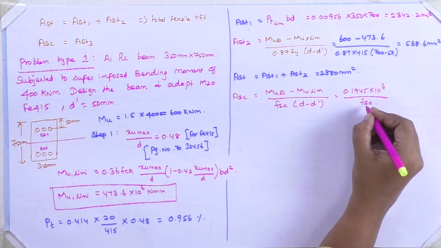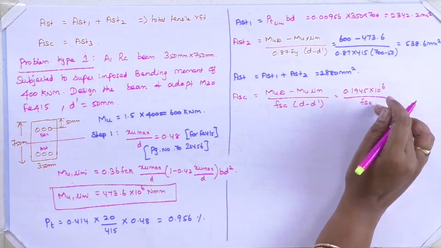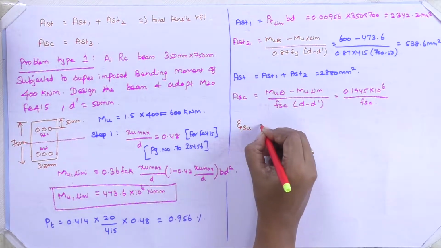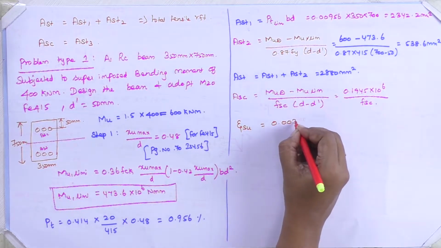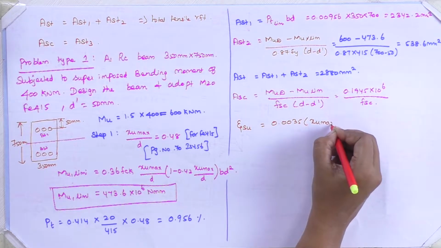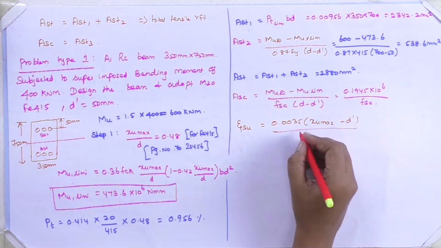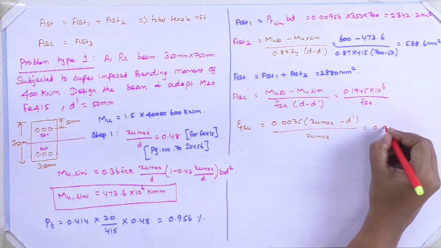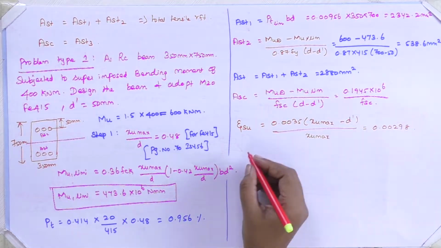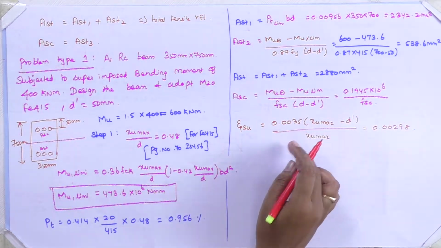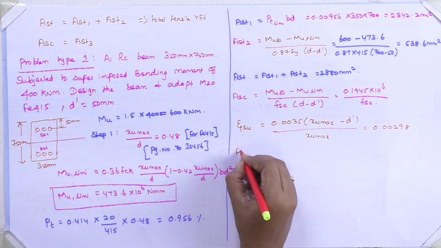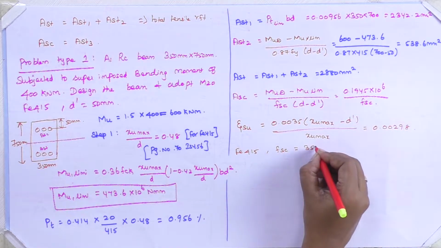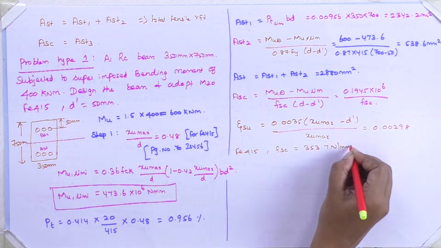For this fsc, I want to calculate the value for the steel. So I want to take epsilon sc, that is the strain value, 0.0035 into Xu max minus d dash divided by Xu max. I can get around 0.00298. Okay, from the code book I'll directly pick the value for Fe 415. The fsc value is 353.7 Newton per mm square.